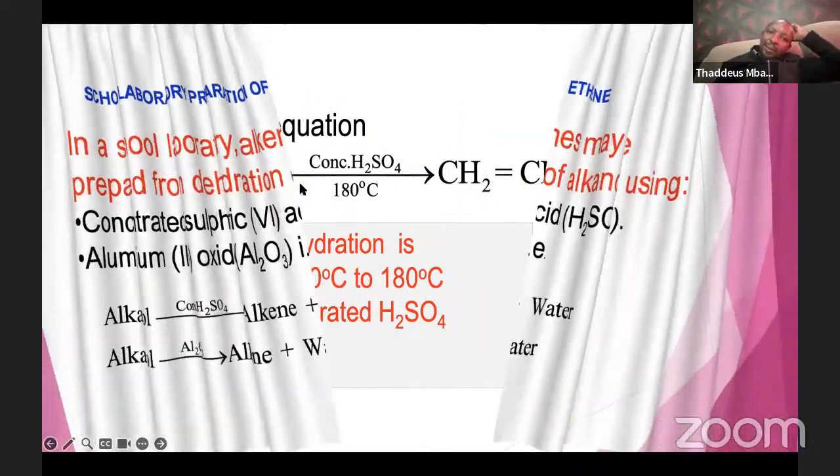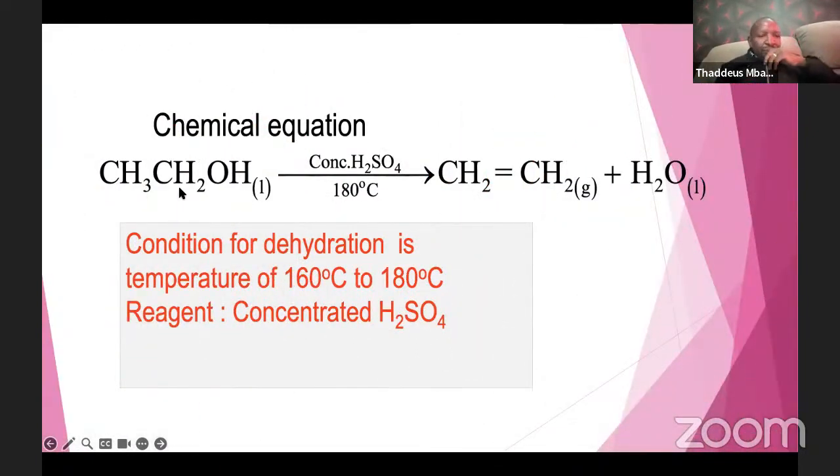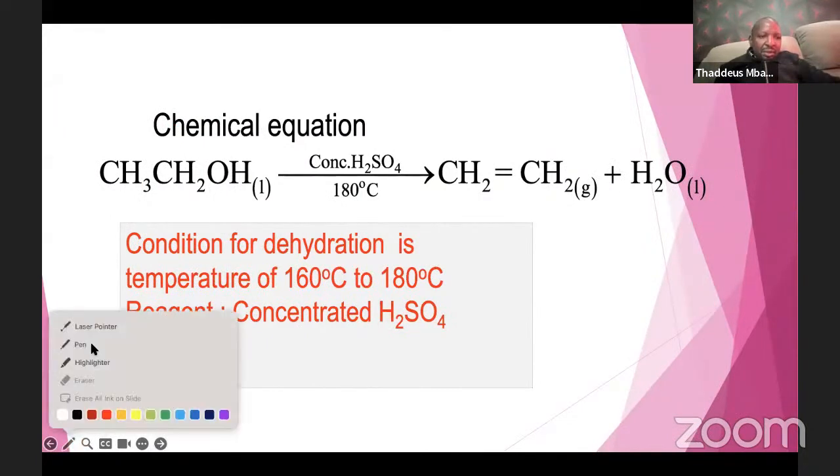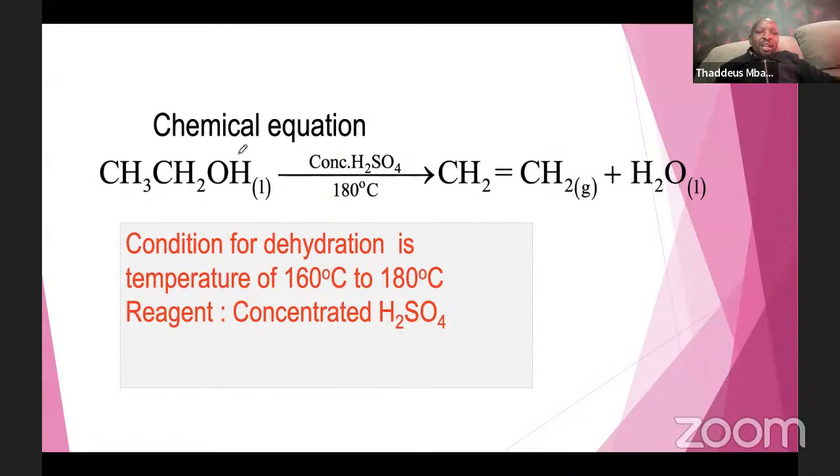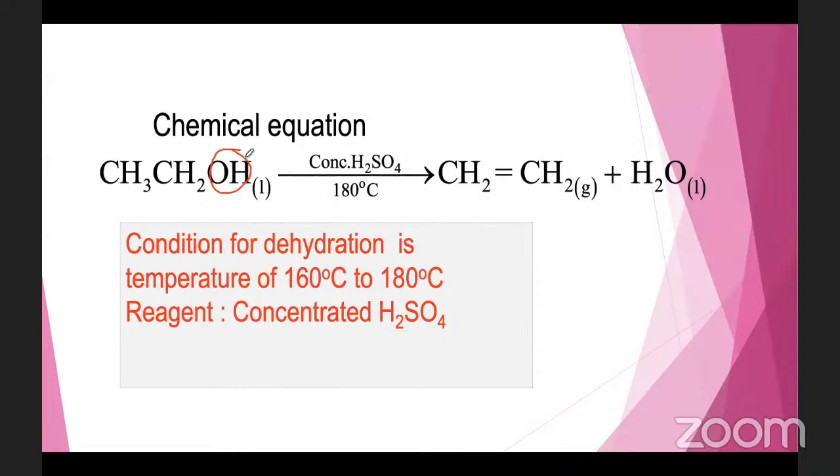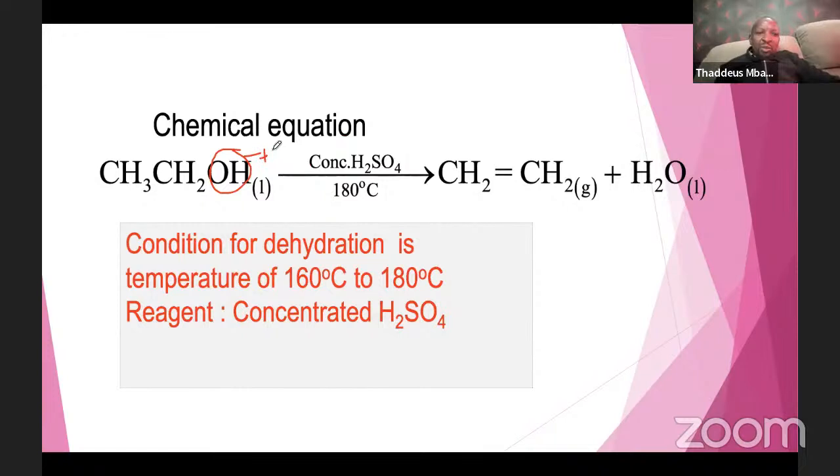Now you look at that. Here we have ethanol. So looking at this ethanol, you know water needs what? We have OH, we want to get water. What do we need? We just need a hydrogen, isn't it?